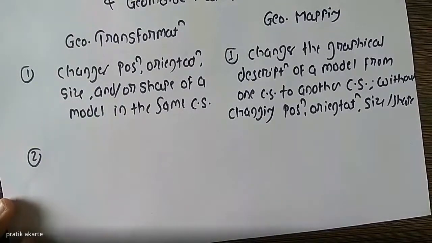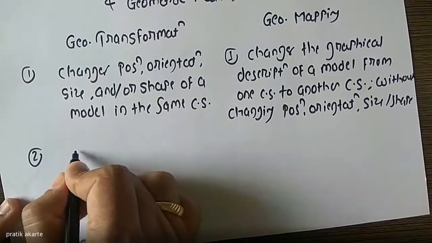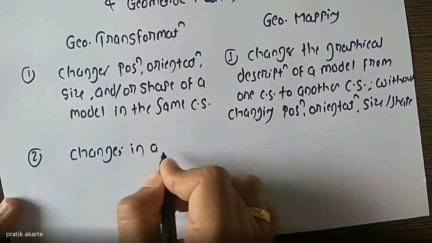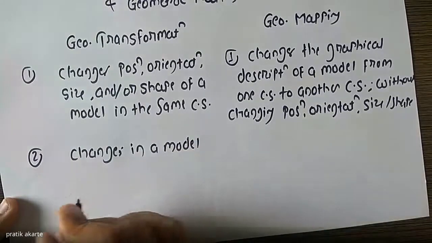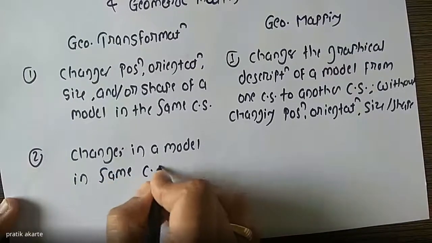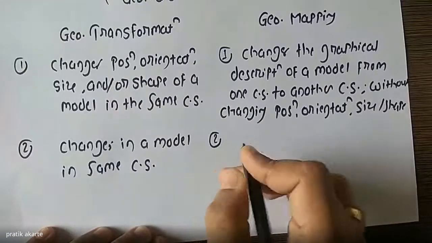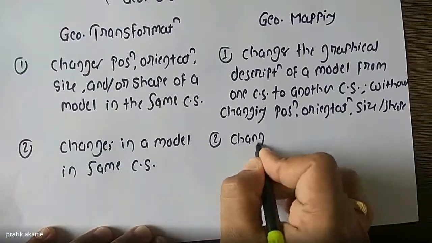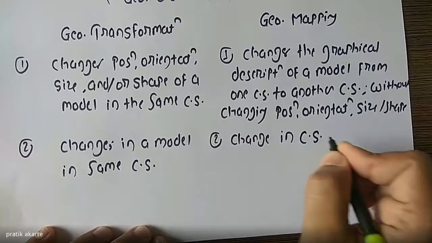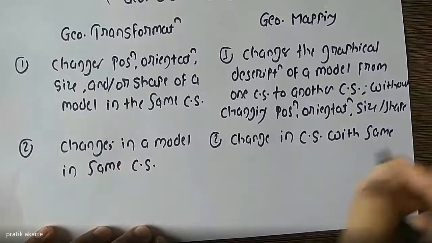Second point, geometric transformation involves changes in a model or a graphic element in the same coordinate system. Here, changes are in the coordinate system, with the same model.